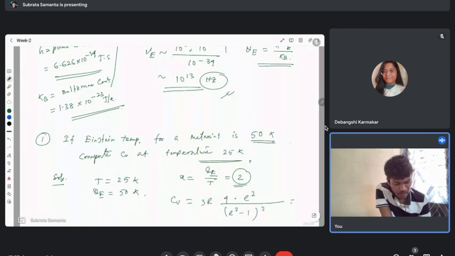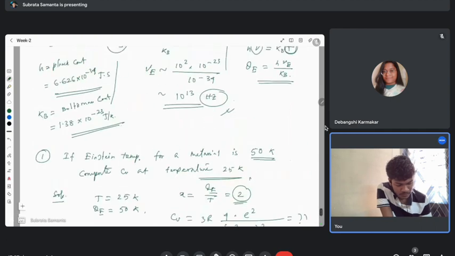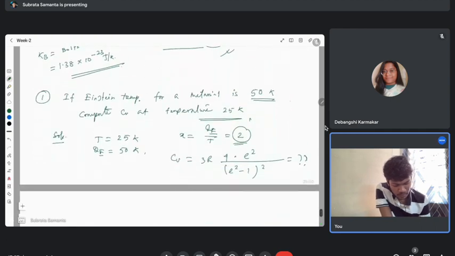You know the value of R: it is 8.314 joule per mole per Kelvin.